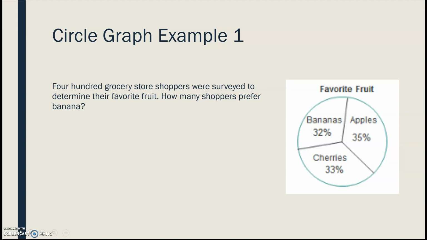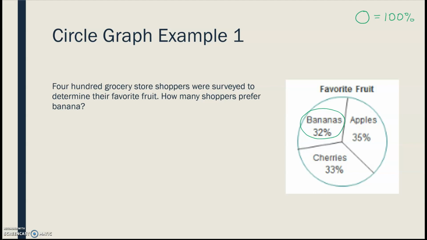Number 1 is a circle graph. Again, before we even start, we need to know that a circle graph adds up to equal 100%. Okay, so this question says 400 grocery store shoppers were surveyed to determine their favorite fruit. How many shoppers preferred bananas? Here we have 32 for bananas, and it's in percent form.